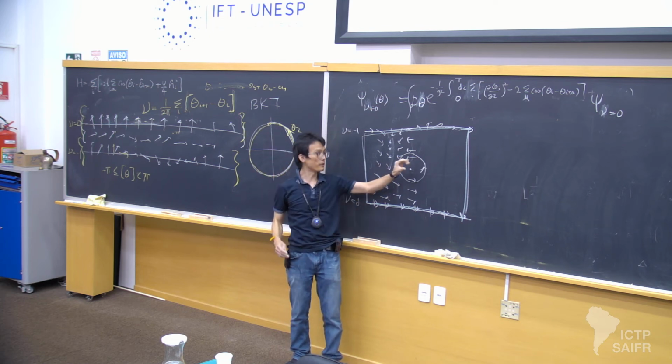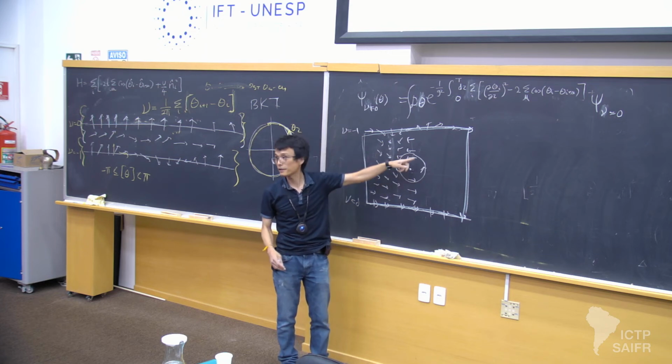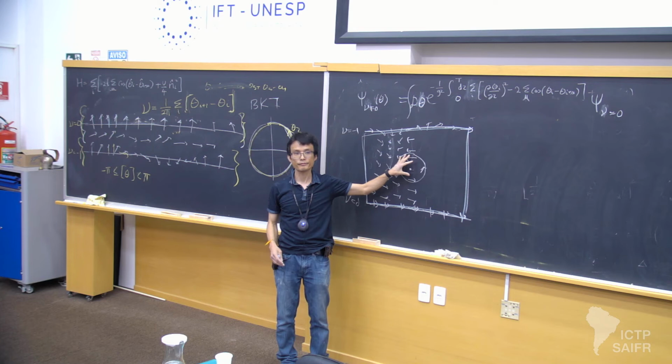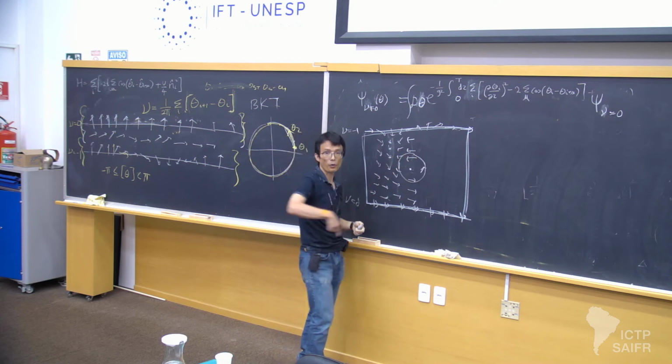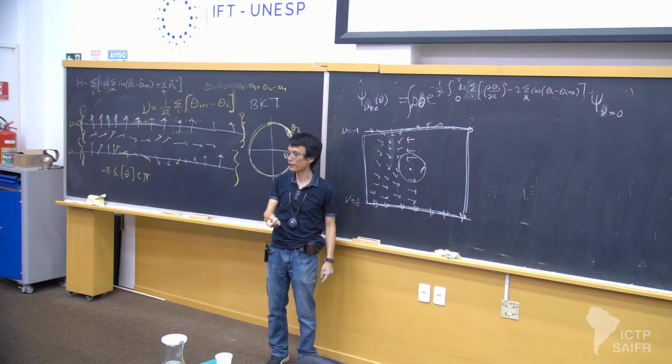So somewhere in the middle, there must be some center of the vortex, right? If you see some rotating flow, there must be a singular point. It's impossible not to have a singular point.